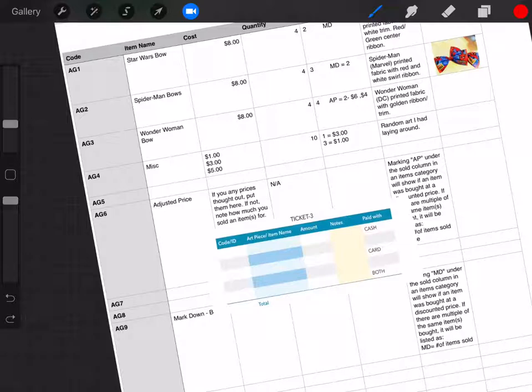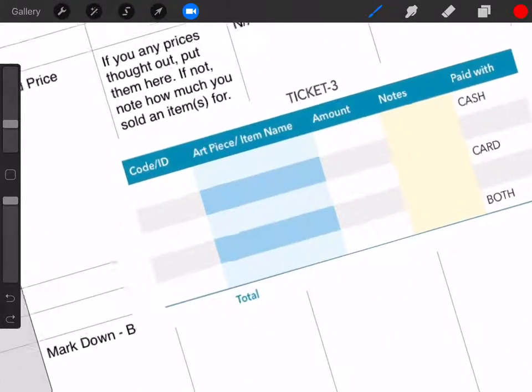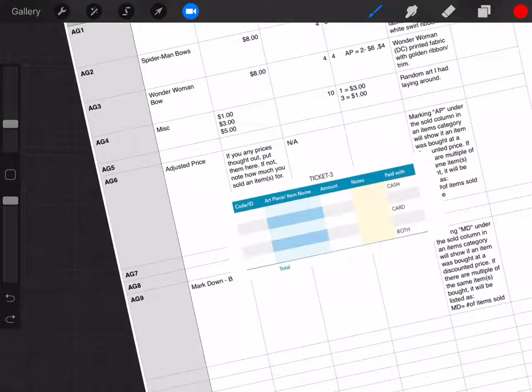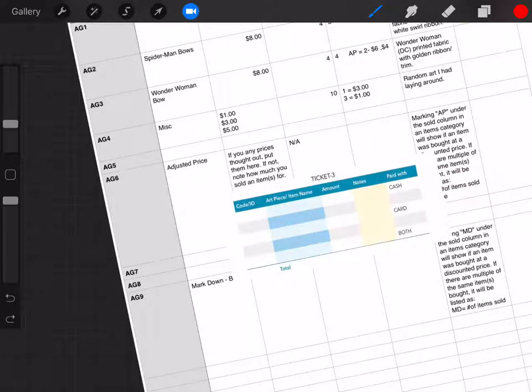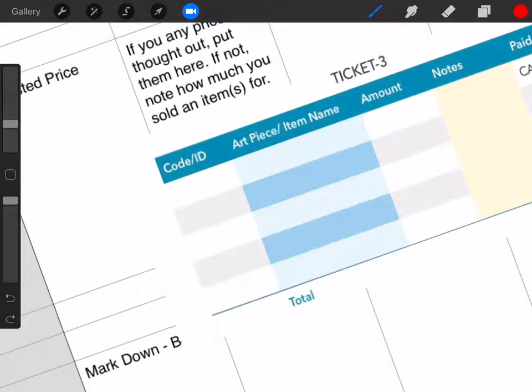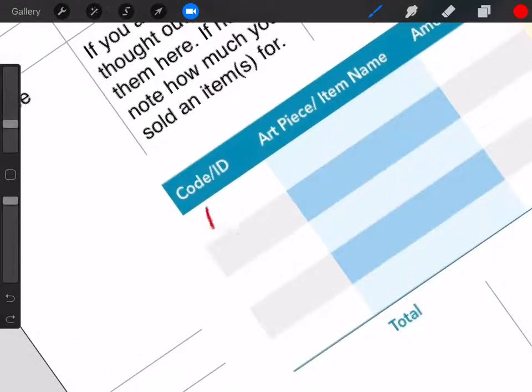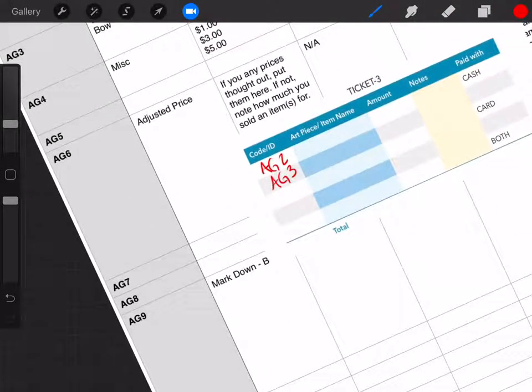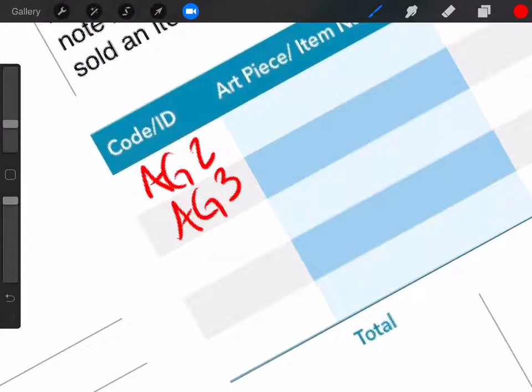So if they walked away with a Spider-Man and a Wonder Woman bow, you want to make sure that you put in those codes. Spider-Man bow and Wonder Woman bow, that's AG2, AG3. So I'm going to put AG2, AG3, and then I'm going to put in that code for markdown, AG9.